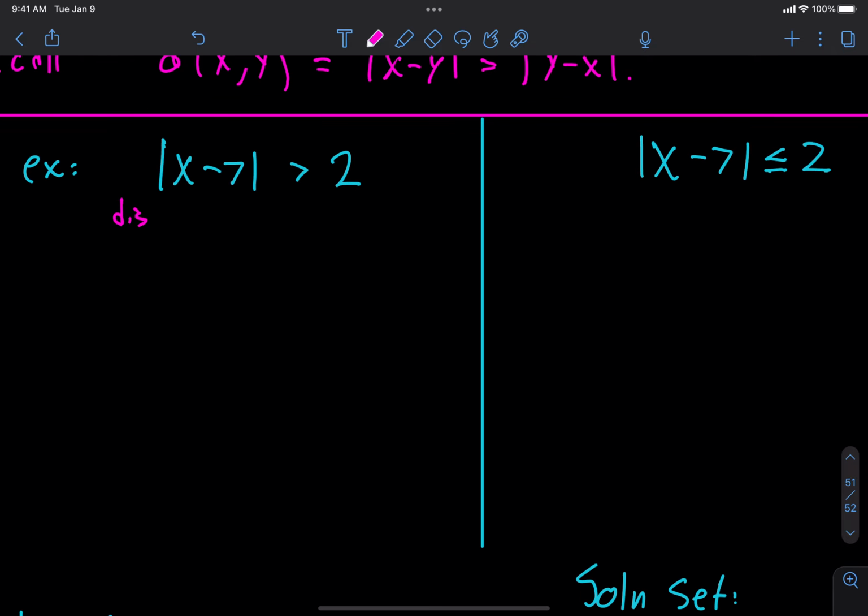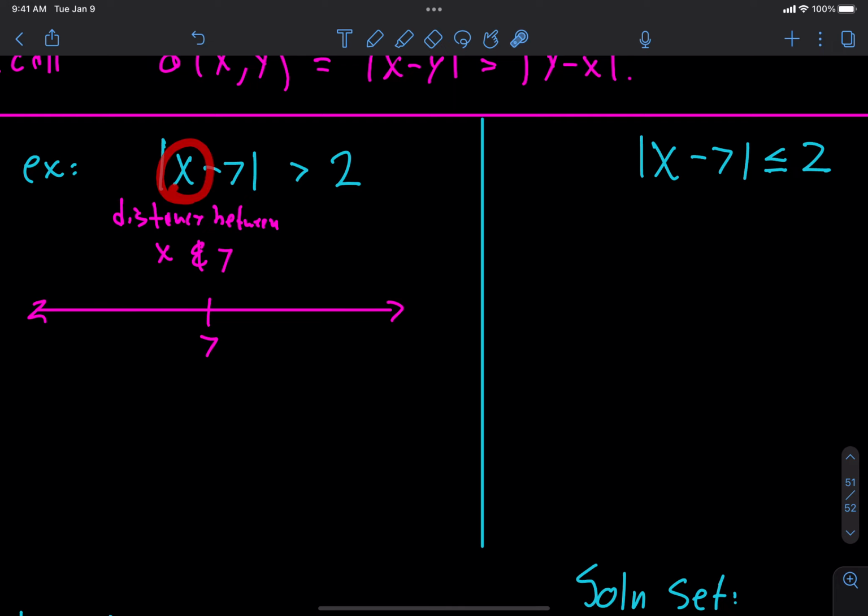This is the distance between x and 7. And if we say it should be larger than 2, then we can think about it in the following way. Here's 7 on my number line, and I want to include all the numbers x which are more than 2 away from 7. So that would be, here's 9 and here's 5.